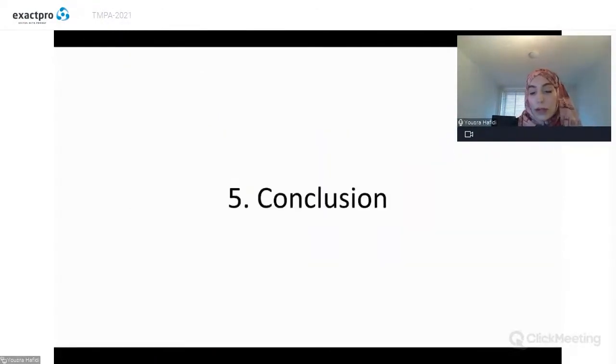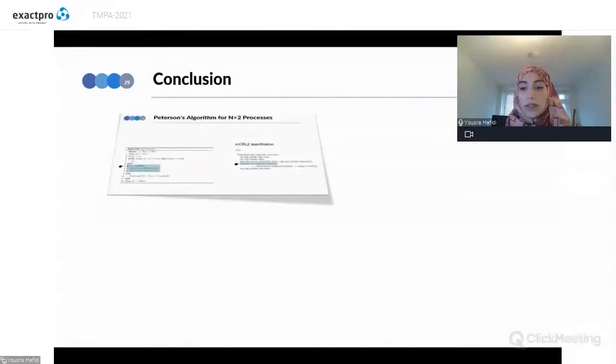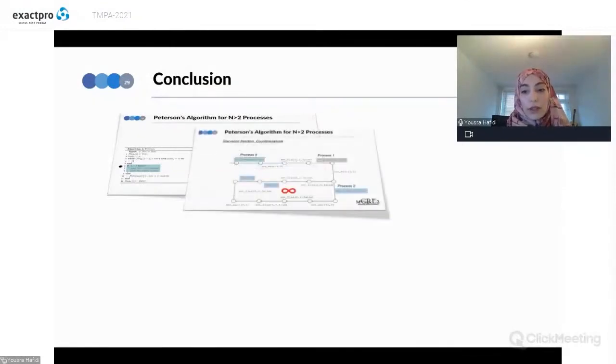So to conclude, I would like to remind what we have done in this research work. We have specified Peterson's algorithm for more than 2 processes, of course, the tournament version, using the mCRL2 language. We verified properties and explained why starvation freedom is violated in this algorithm.